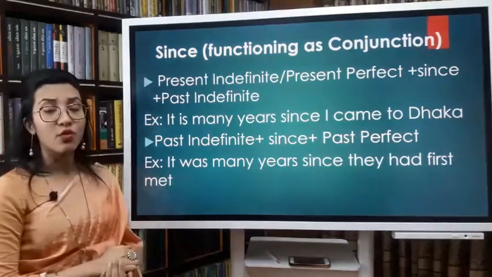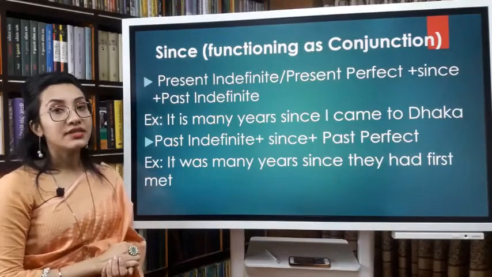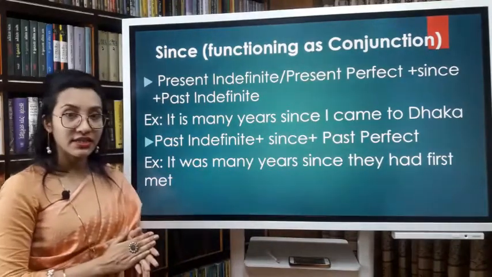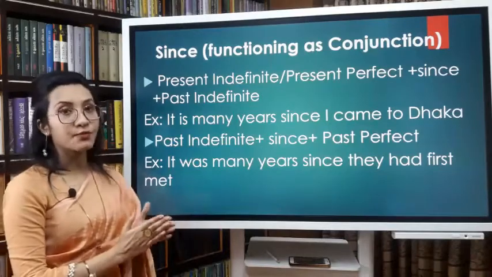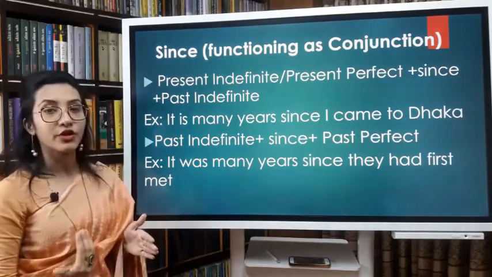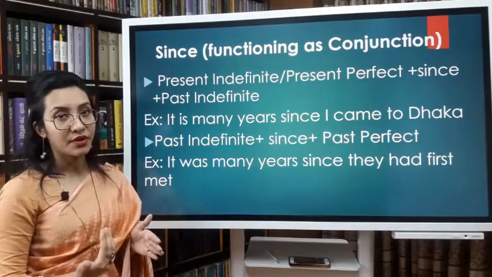I'm repeating the rule once again. Since, if it is being used as the conjunction of the sentence, if the first part is in present tense, then in the second part we are going to use the past indefinite.